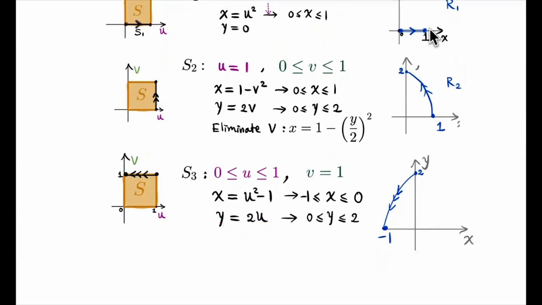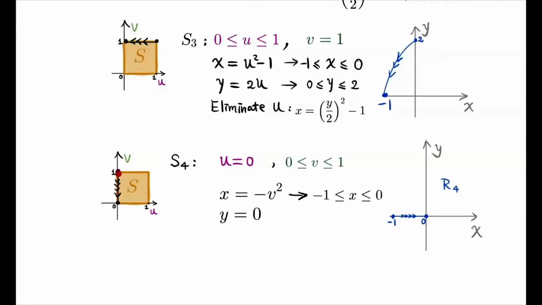Because u is greater than or equal to 0, less than or equal to 1, x here is greater than or equal to negative 1, less than or equal to 0. And y is greater than or equal to 0 and less than or equal to 2. Eliminating the variable u from these two equations, we get an equation that relates x and y directly. x is equal to (y over 2) squared minus 1. The graph of this is this part of a parabola.